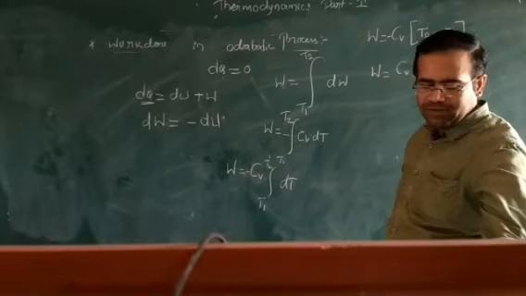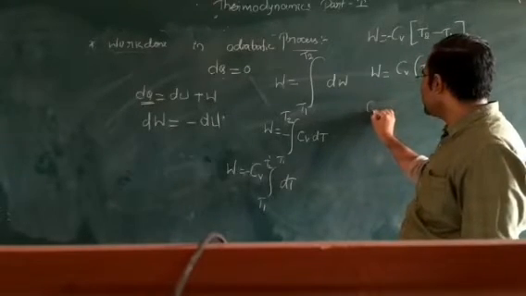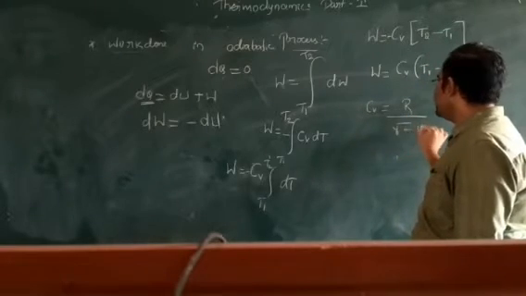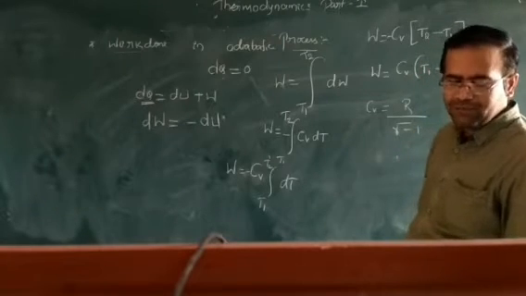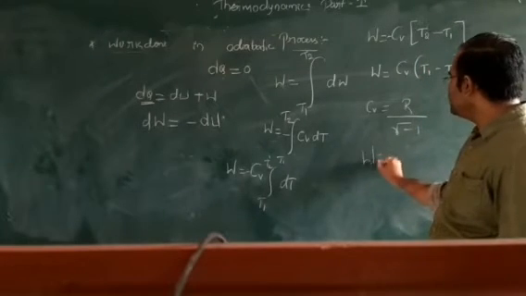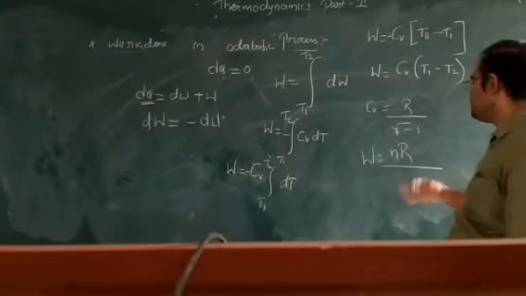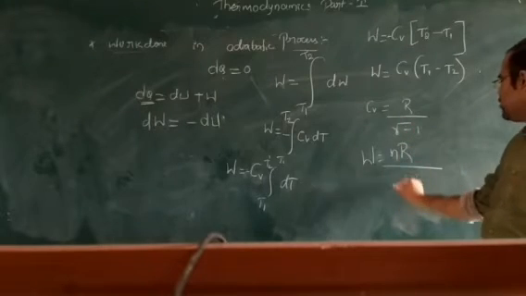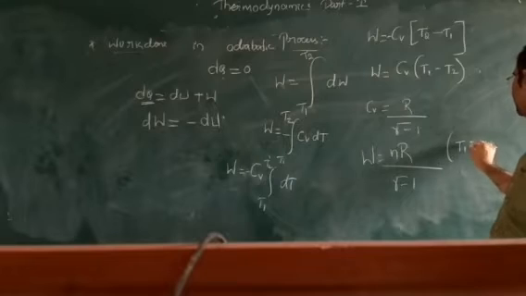On further simplification, Cv we have already taken as R divided by gamma minus 1. When we replace it here, W is equal to NR, or simply R, divided by gamma minus 1, multiplied by T1 minus T2.